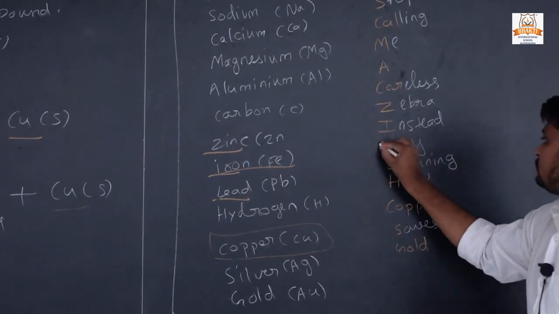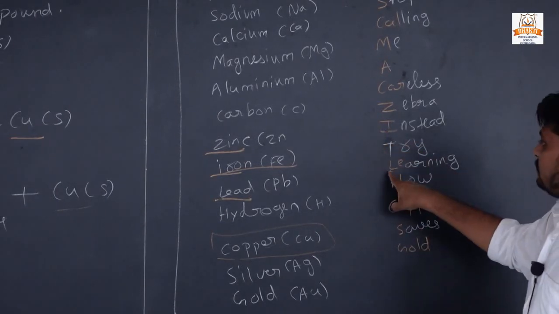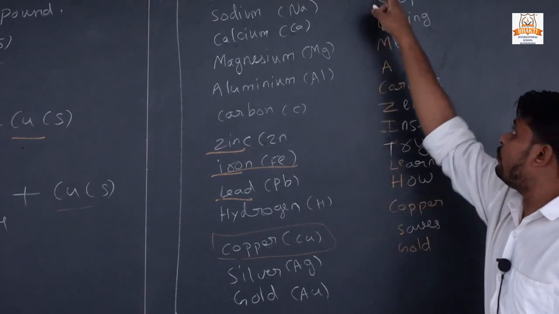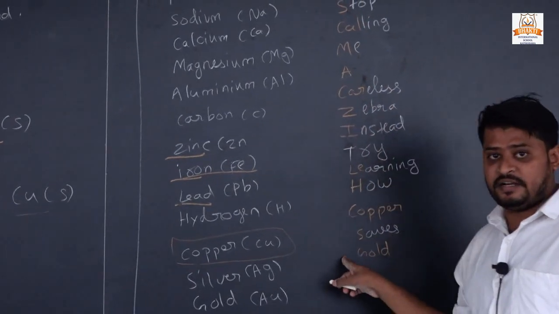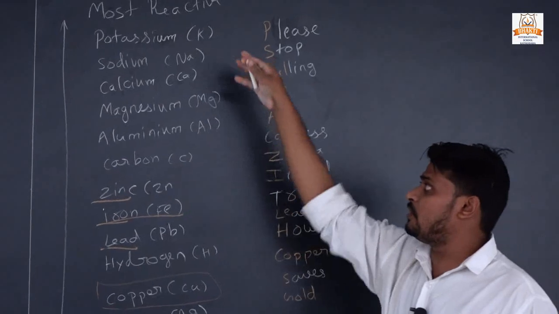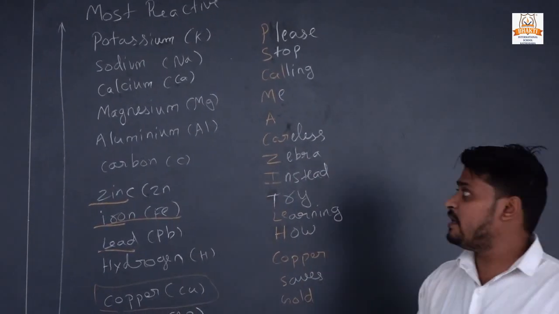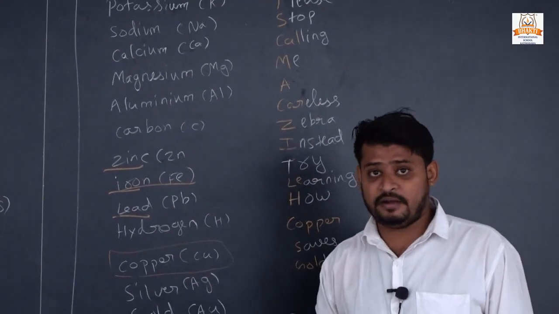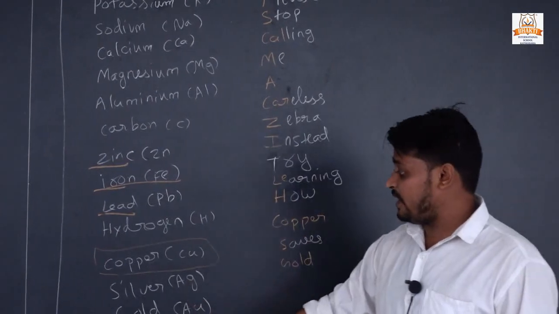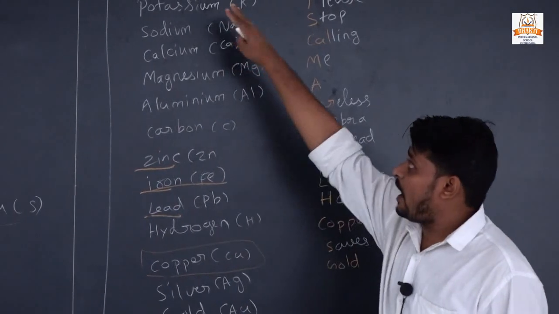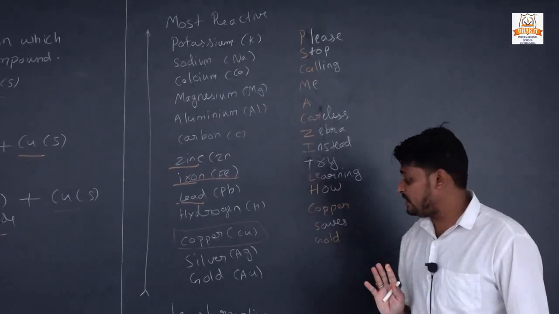Okay, I, then L. So you have to learn the whole sentence, then you can easily learn all the reactivity series elements in proper order of reactivity, meaning from most to least reactive metals.